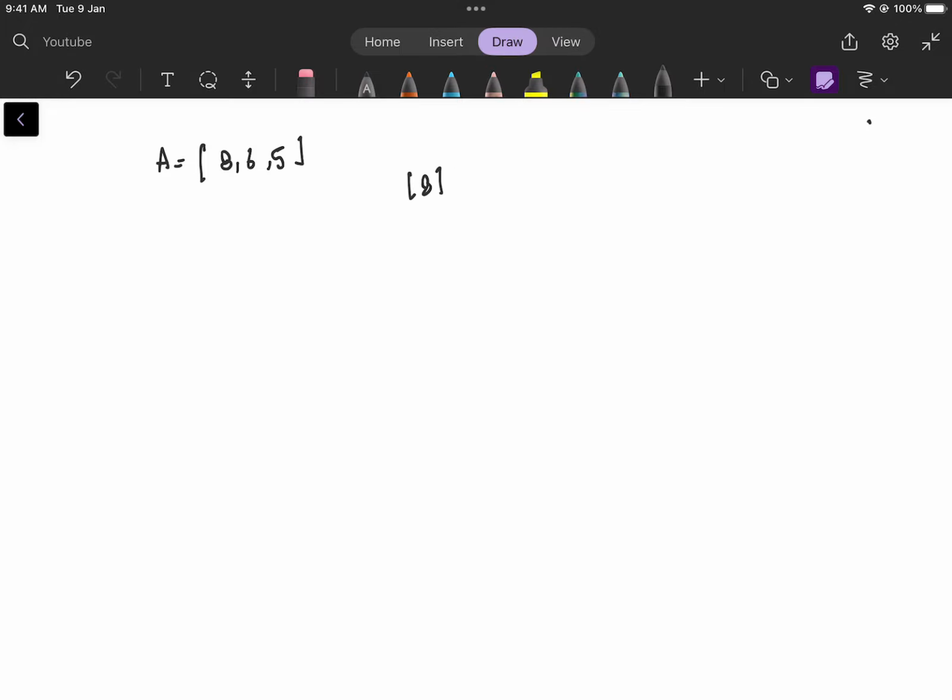What are the subarrays of this? 8, 6, 5, then 8 6, then 6 5, then 8 6 5. It's 3 elements, so the number of subarrays is 1 2 3 4 5 6. Every element can appear in a subarray or not appear, so every element has 2 possibilities.